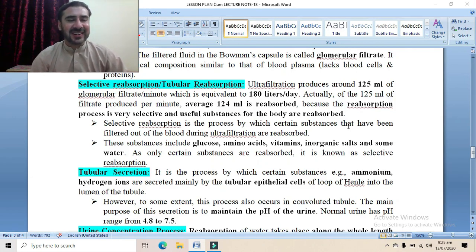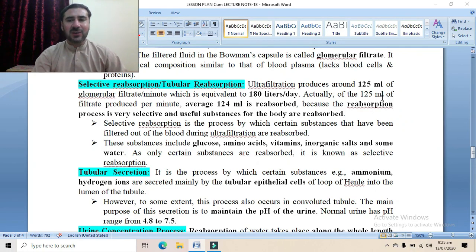But in fact, this whole filtrate will not move into the urine. 124 ml of this glomerular filtrate will be reabsorbed. So just 1 ml on average will pass per minute.